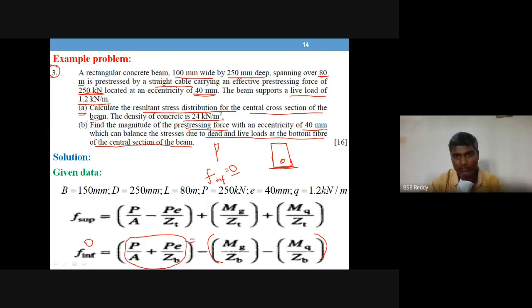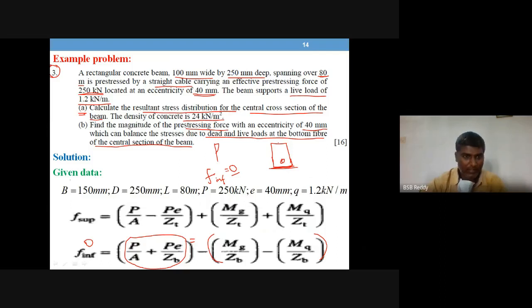Solve along with me. Take your notebook and keep it ready, the one in which you have started preparing your notes. Use the same notes.